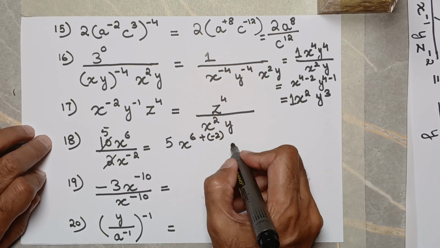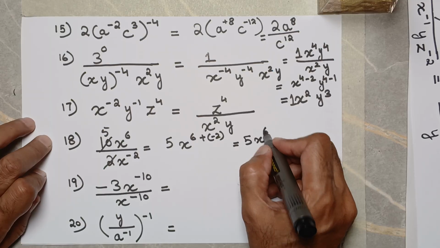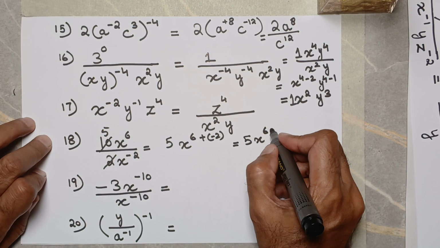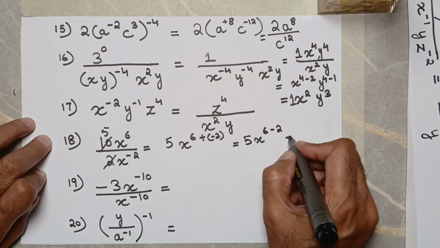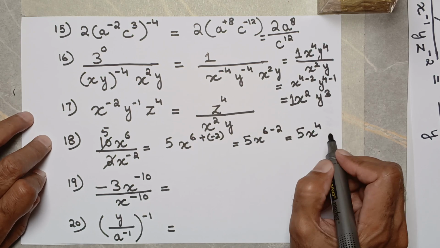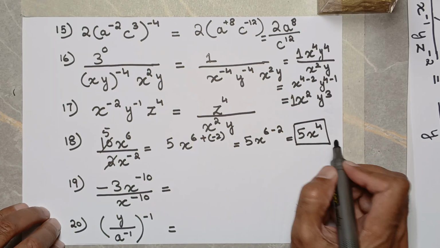That is, now what we will write, 5x to the power 6, when this plus is multiplied by this minus, it will be 5x raised to the power 4 over here. Now this is your final answer.